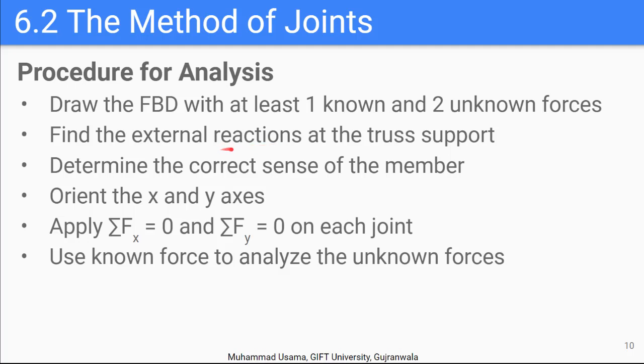Whatever external reactive forces we have, we draw all of them, and we find them using the free body diagram. Then we determine the correct sense of each member, choose an appropriate axis, and apply the sum of all the forces in x and the sum of all the forces in y on each joint, and then we use these equations to find all the unknown forces.